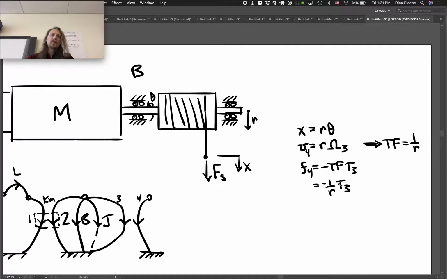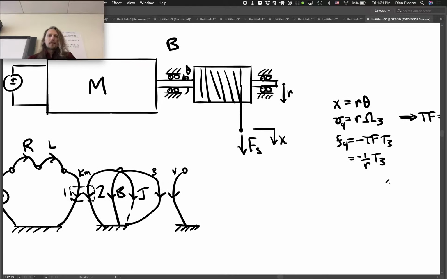Or we can just leave these two equations as TF, which is totally fine too. So we'll do that. We'll just say this has some TF that we found. It's 1 over R, and it's a transformer. And on the mechanical side, we're just going to say there's a force that's applied.